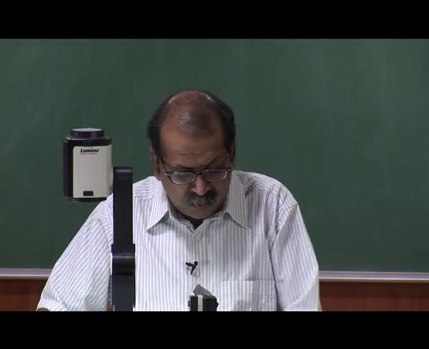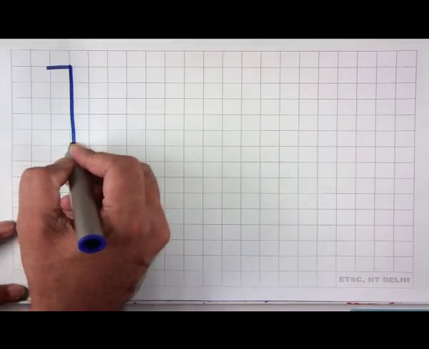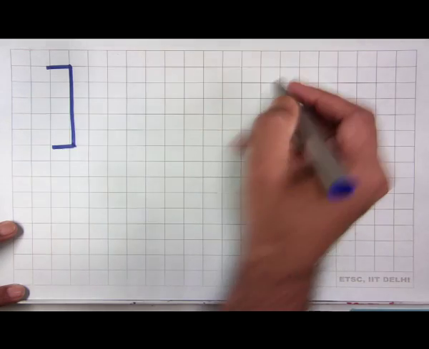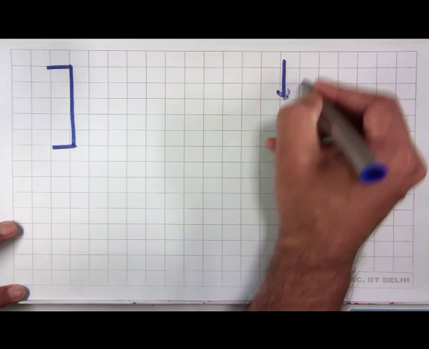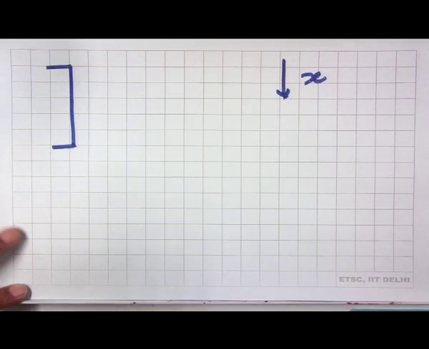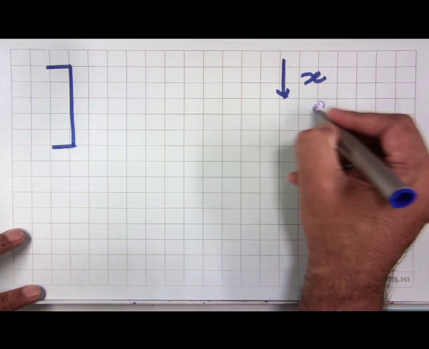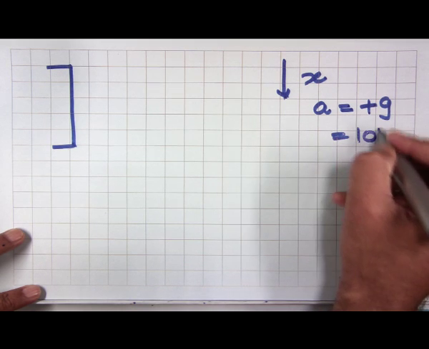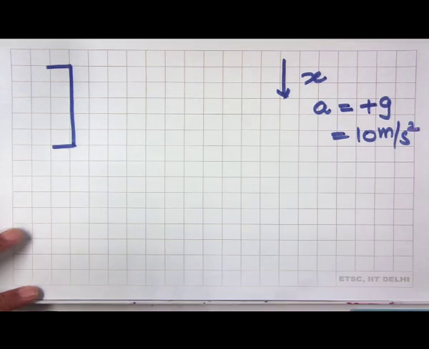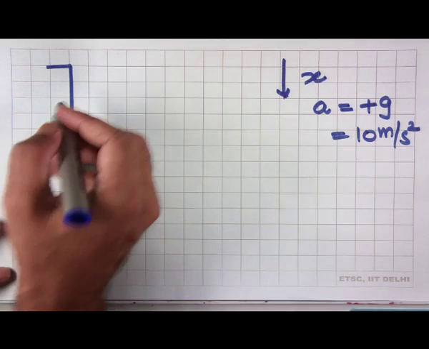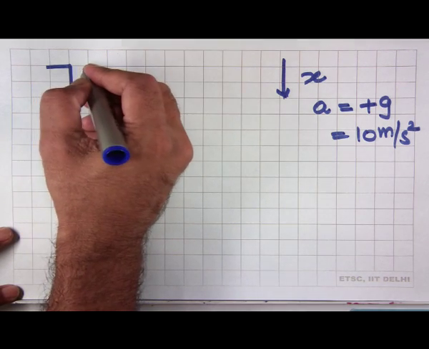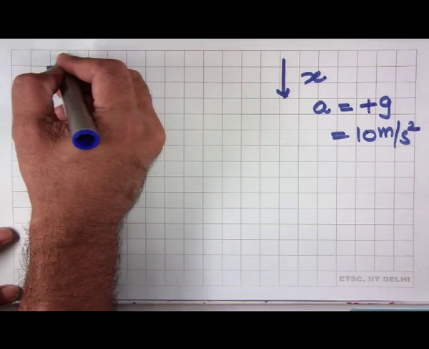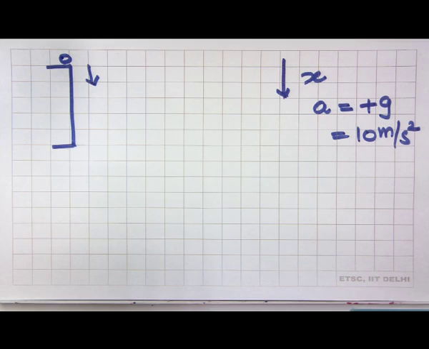Let us now solve this problem. What we have is that this is the building from where the ball is falling. Let us choose the x direction downwards. Therefore, the acceleration is equal to plus g, which will be 10 meters per second square. Now, what is given to us is that the ball starts to fall, let the position where the ball starts to fall be 0.